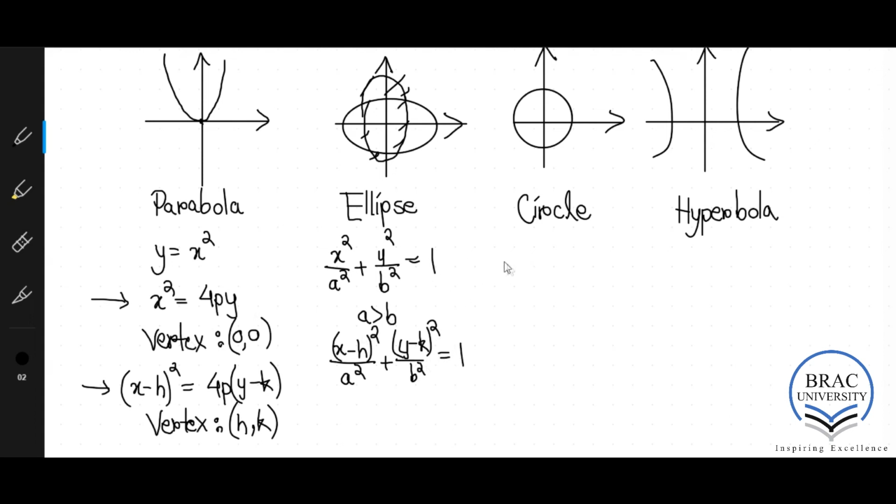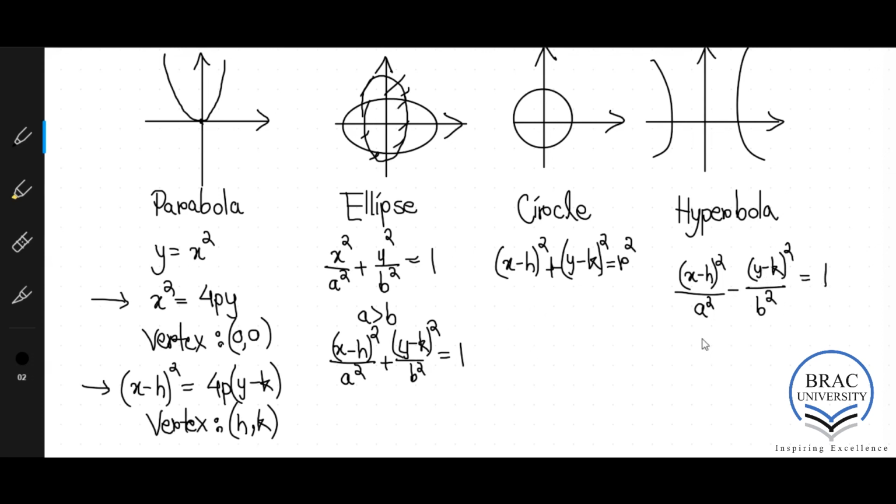Now for the circle, we have looked at it before, but we all know that this is the equation that comes up: x minus h squared plus y minus k squared is equal to the radius squared of the circle. If this was centered at 0, 0, we would have just x squared plus y squared equals r squared. And finally, we have the hyperbola, which has the standard equation x minus h squared over a squared minus y minus k squared over b squared is equal to 1.